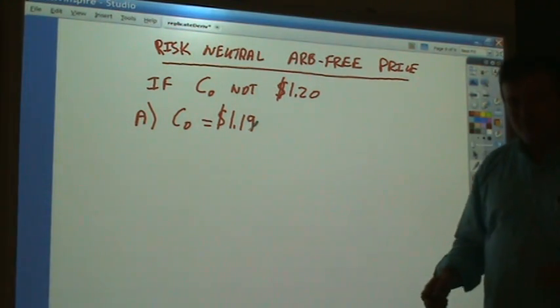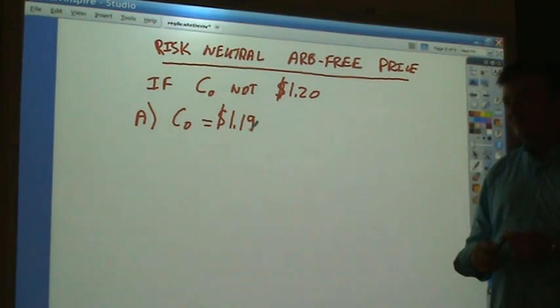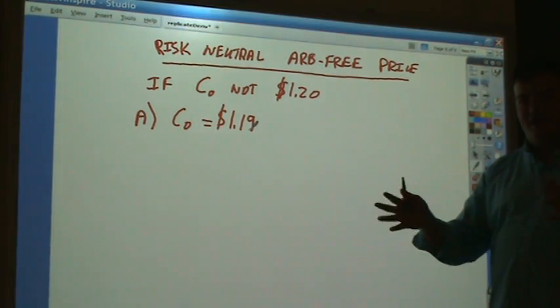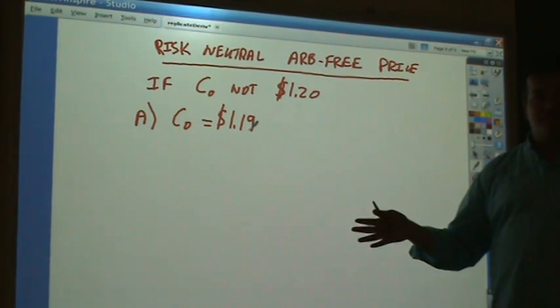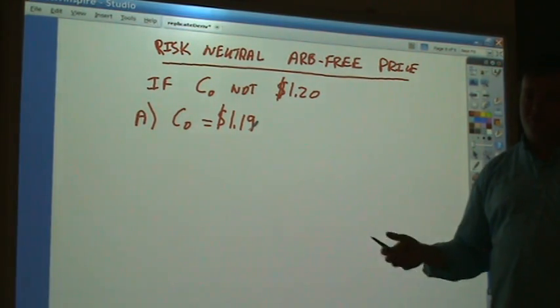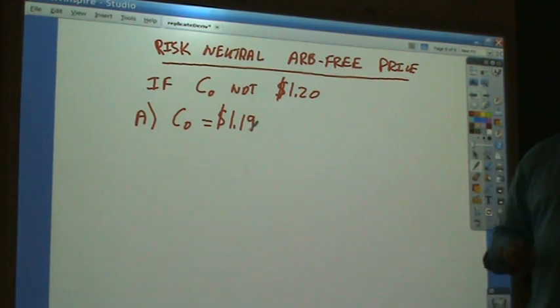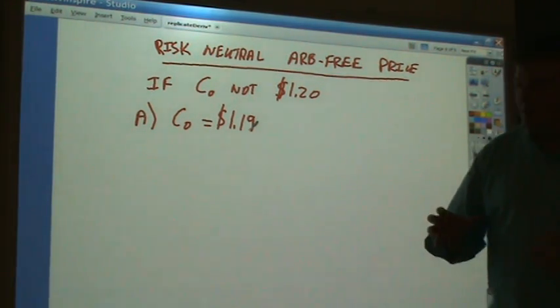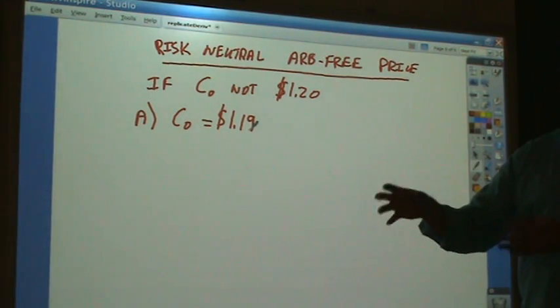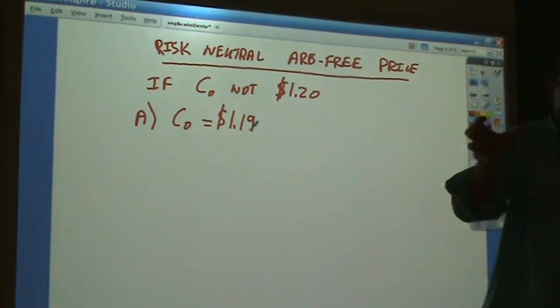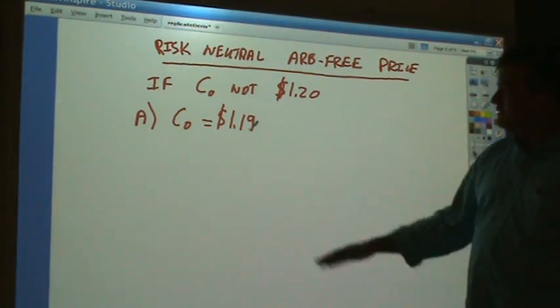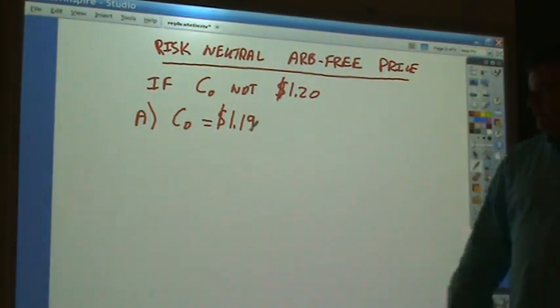Let's say there are two stores on your block selling a can of Coke, and one store's selling it for 80 cents and another store's selling it for 75 cents. Same exact product. You could buy a Coke for 75 cents from one store, even if you don't feel like drinking a Coke, run across the street and find someone who's about to walk into the other store and say, I'll sell it to you for 80. So it's always buy it at the cheaper one and sell it at the higher one.